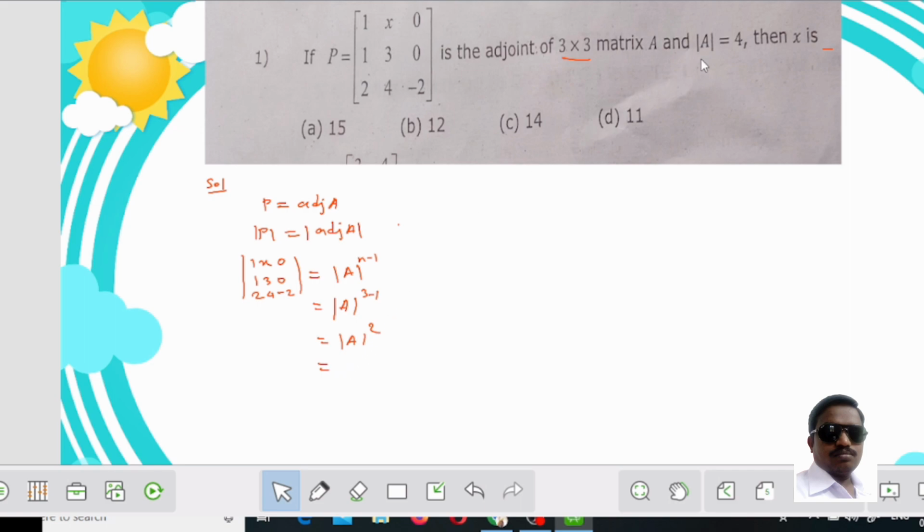The value of the determinant of A is 4, so you can take 4 square. So the value is 16.